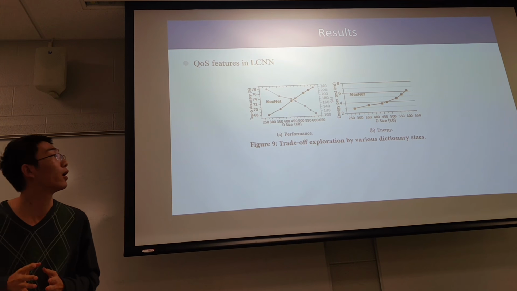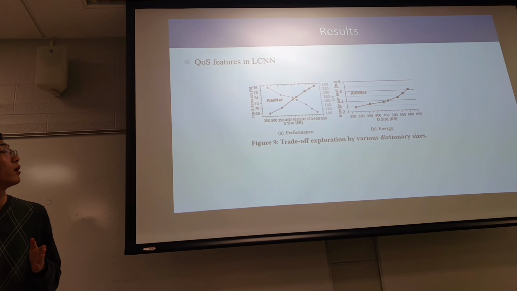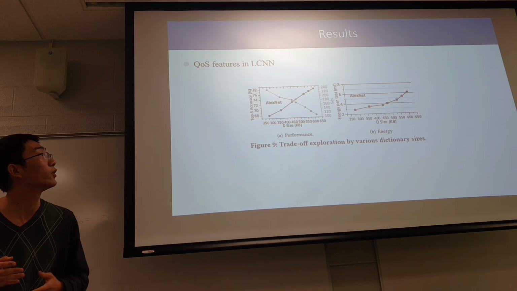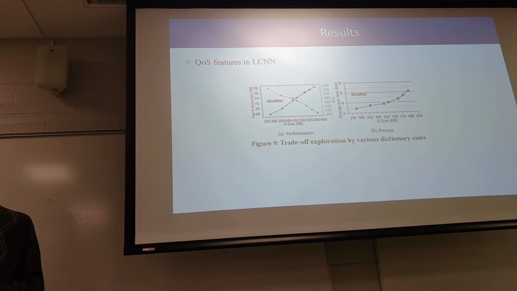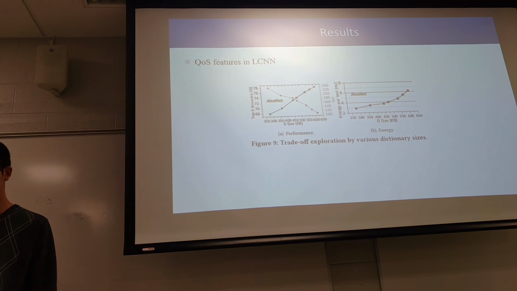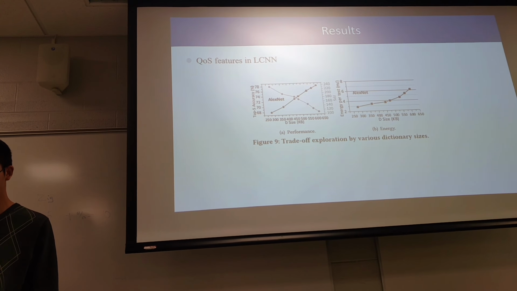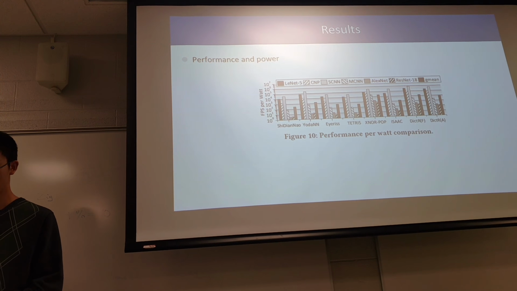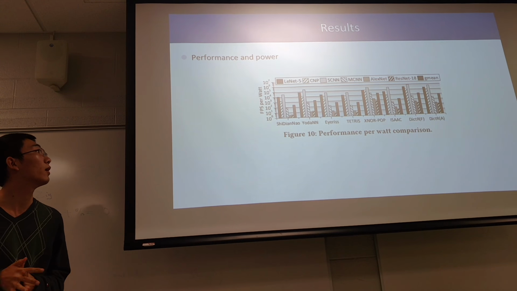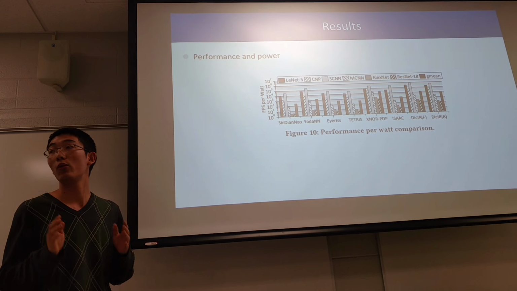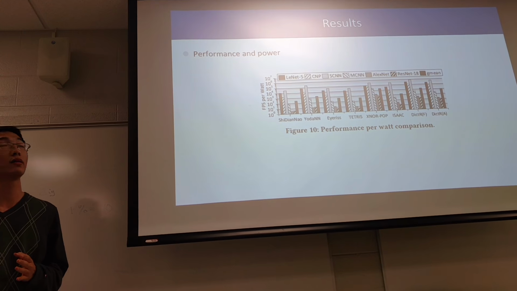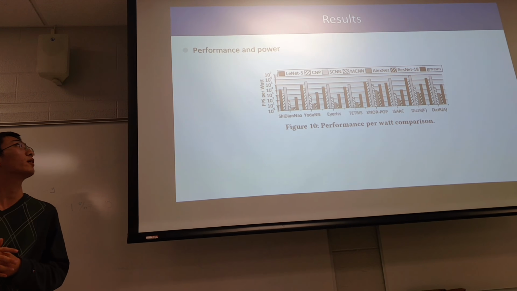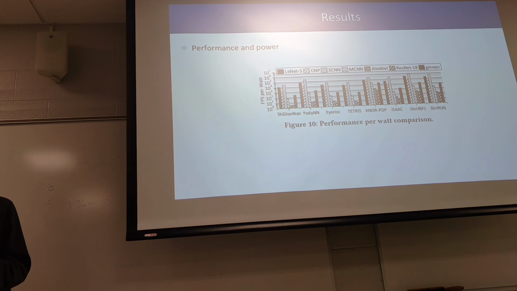And the second figure shows that as your dictionary size increases, your energy per test will also increase. Let's see the last picture. The x-axis represents the benchmark, and the y-axis represents the frames per second per watt.